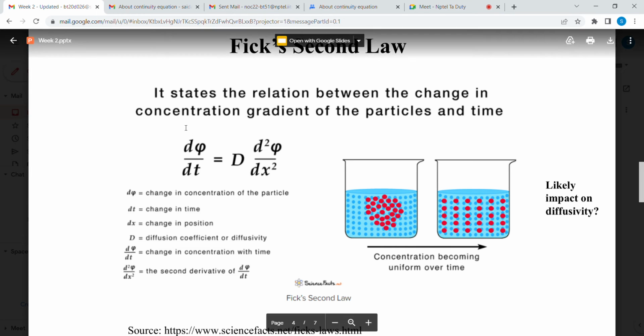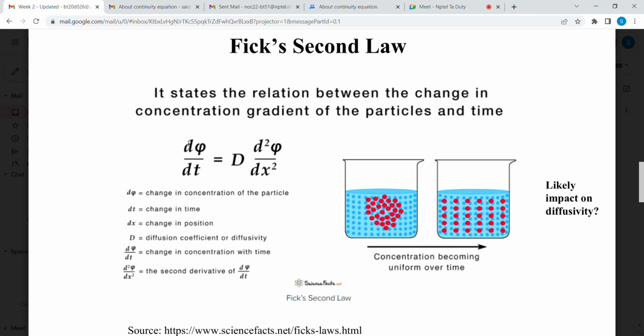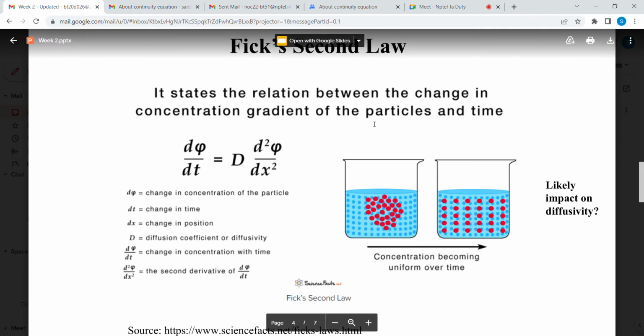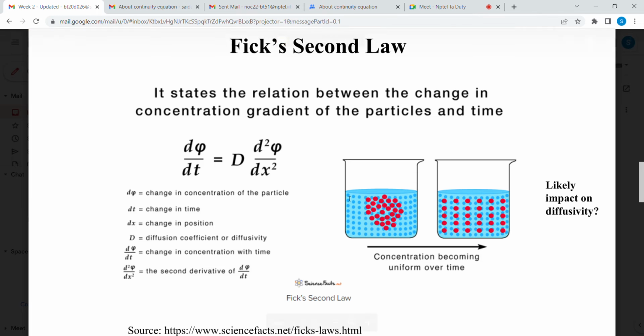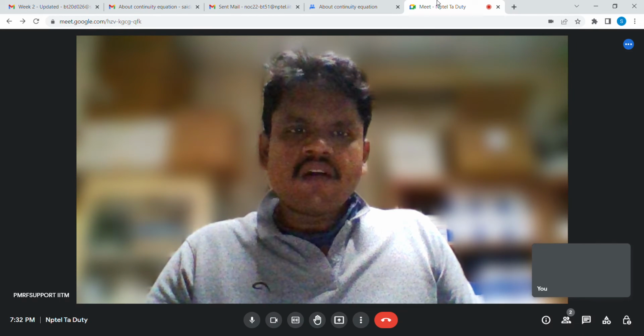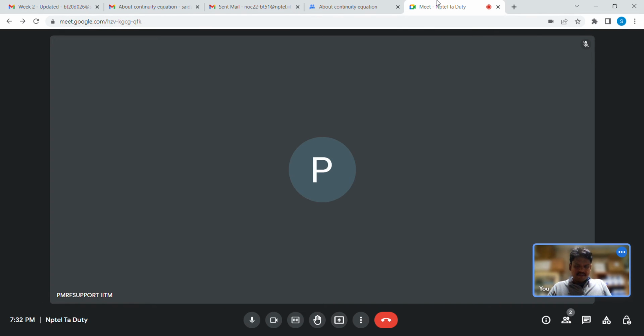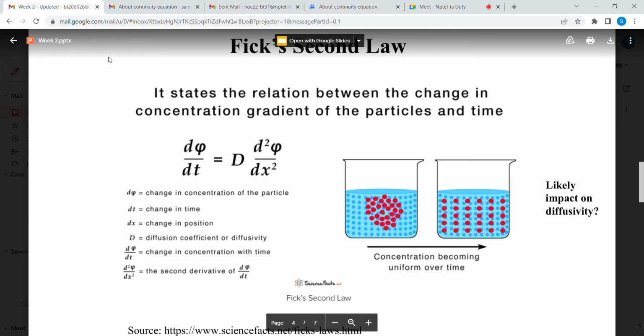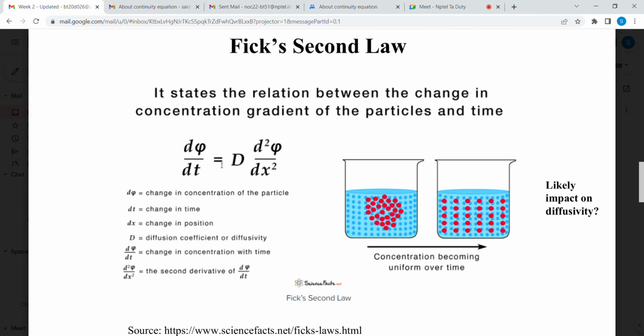Why is the rate of change in concentration... Hello. Hello, is there any other participant here? No. Okay. Why is it related like this?